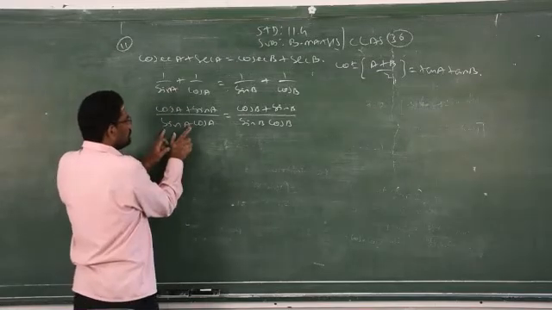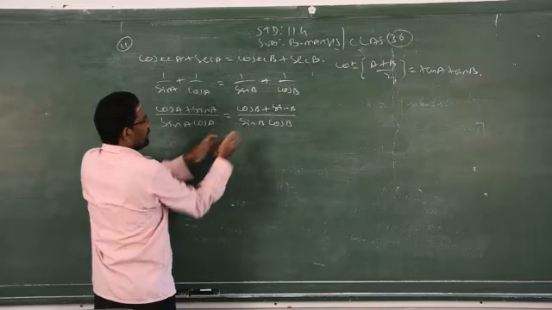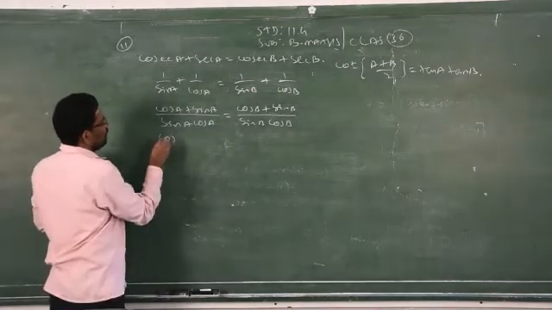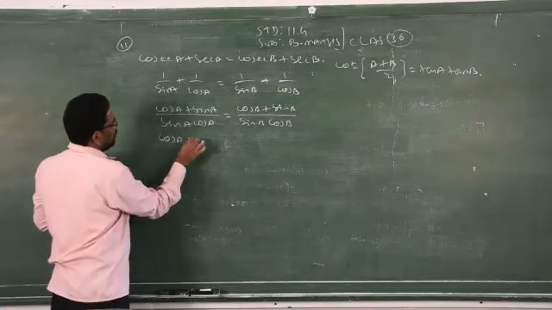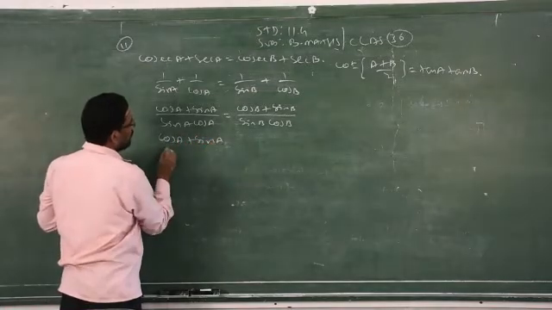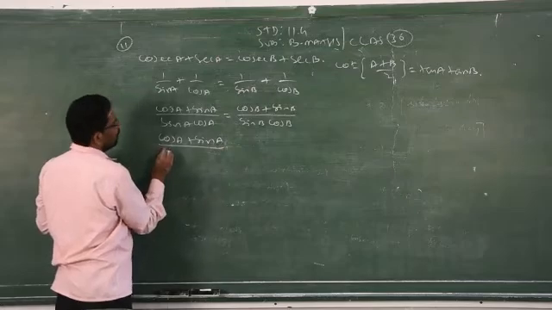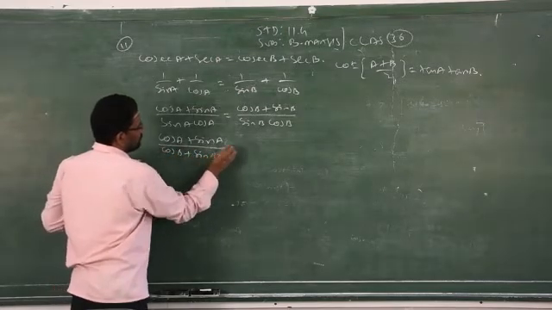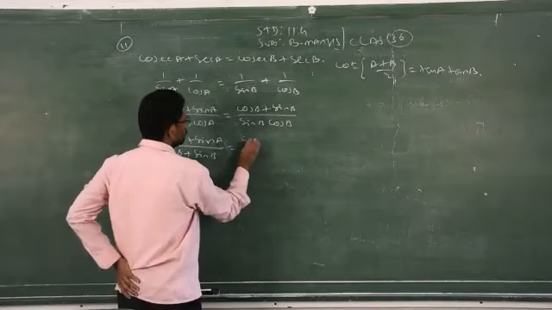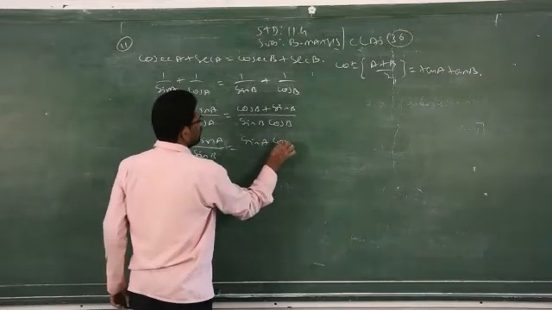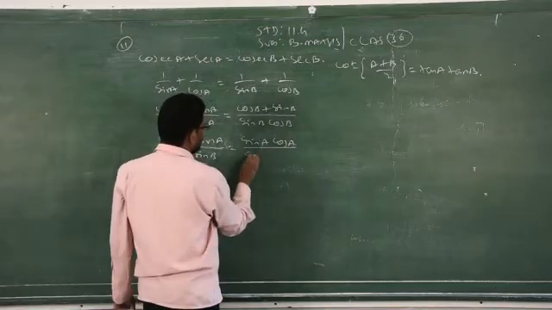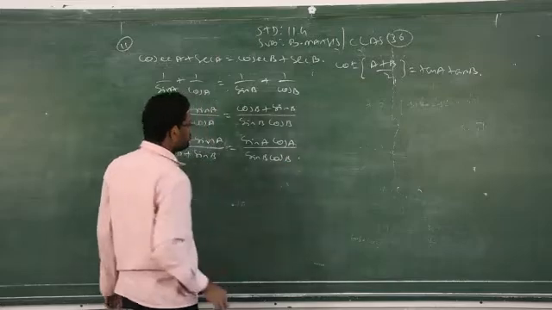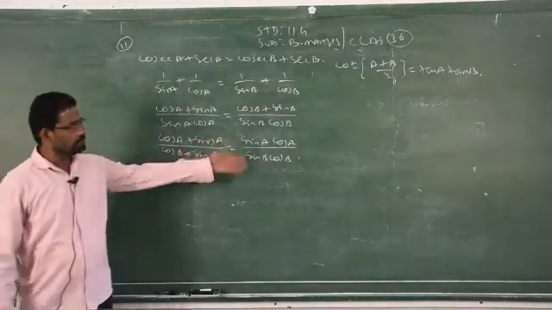So I am taking this to the right side: sin B cos B. Just group like this: cos A plus sin A by cos B plus sin B equals sin A cos A by sin B cos B. So you will get this format.